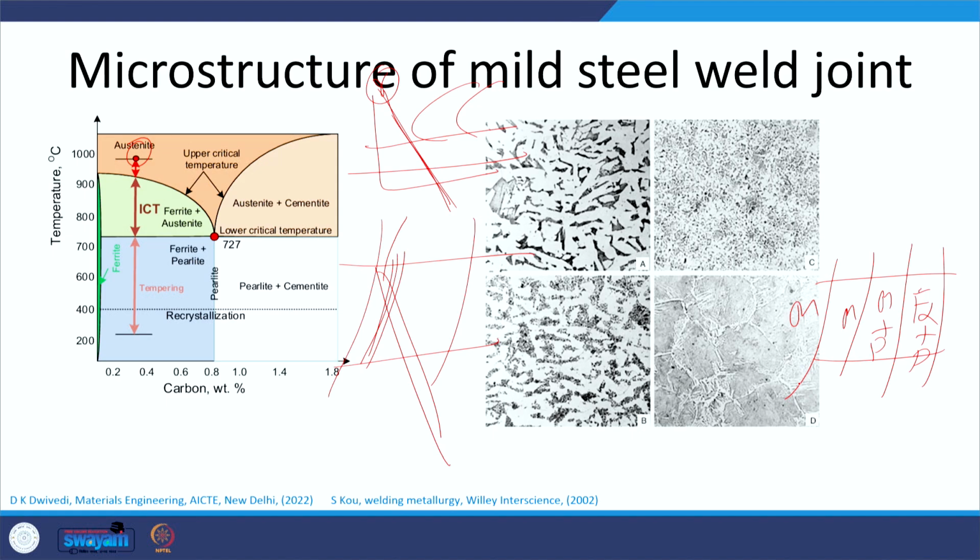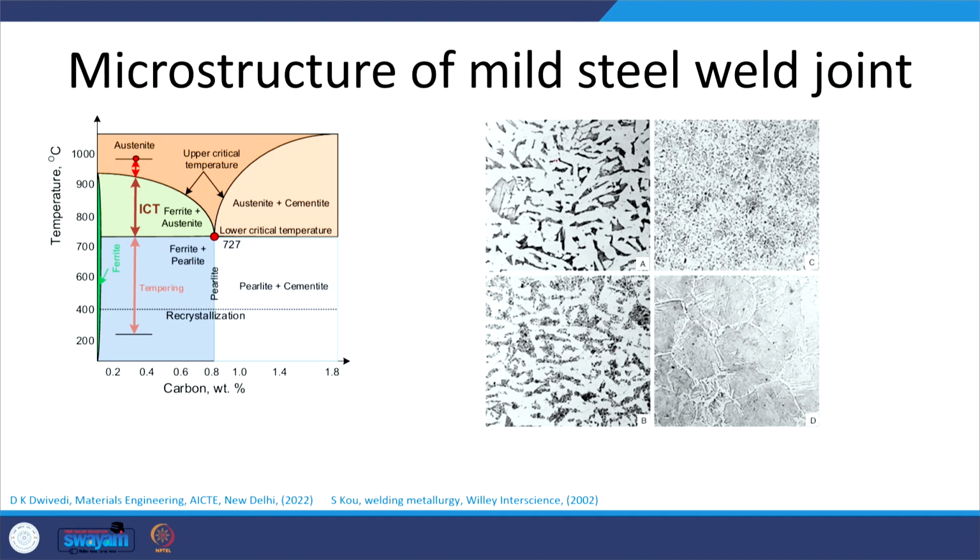If we try to see the structure corresponding to these zones, this is the base metal, and this is the partially refined HAZ, this is the fine grained HAZ, and this is the coarse grained HAZ.